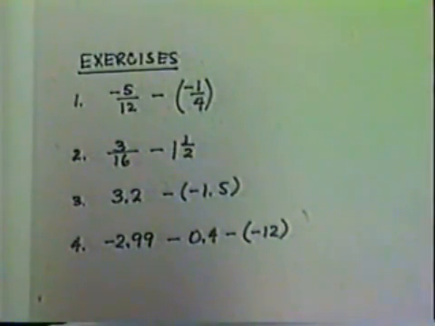Exercise 3, 3 2/10 subtract negative 1 5/10. Fourth exercise, negative 2 99/100ths subtract 4/10, subtract negative 12.